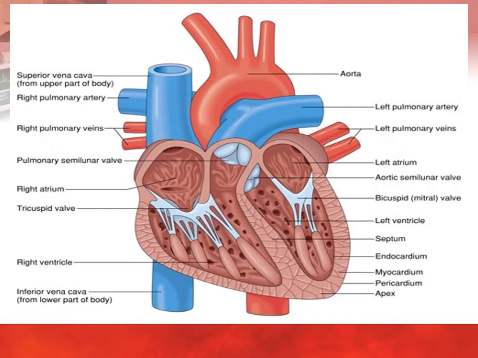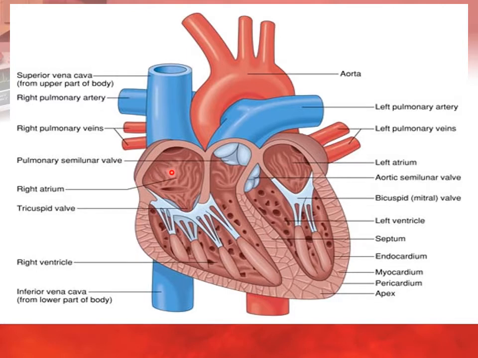Here you can see a picture of the heart. We have the superior vena cava and the inferior vena cava. And the superior and inferior vena cava are going to dump here into the right atrium.